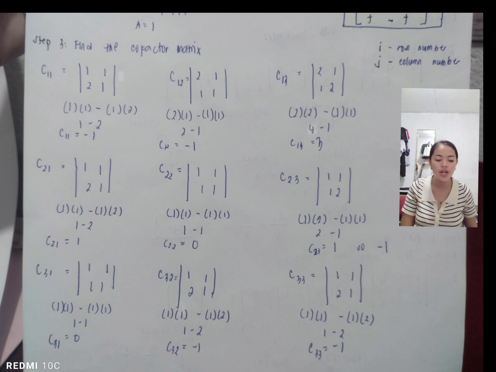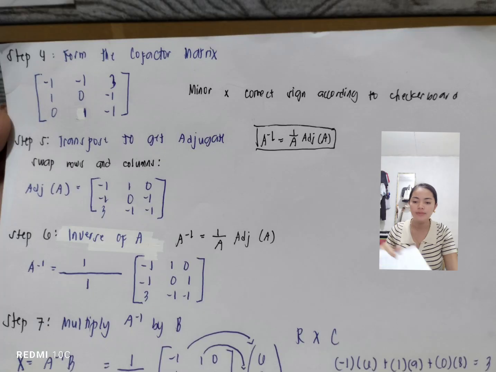Cross multiplication: 2 multiplied by 2 is 4, and 1 multiplied by 1 is 1. 4 minus 1 is equal to 3. The same process goes for the other items: C21, C22, C23, and C31, C32, and C33.